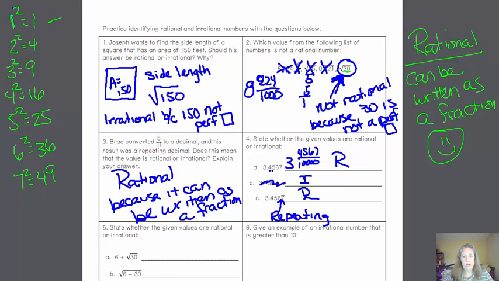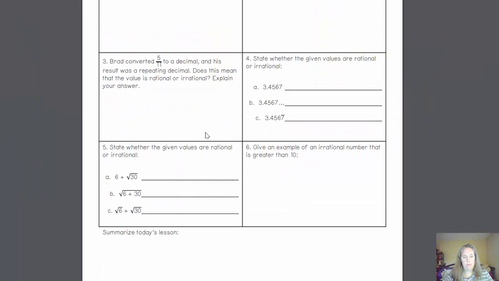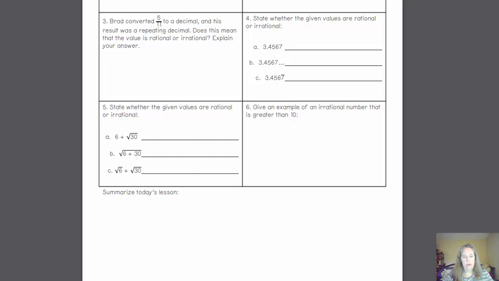Let's see, I'm gonna erase that and scroll up. State whether the given values are rational or irrational. So if we remember our perfect squares list, 5 squared is 25, 6 squared is 36. So square root of 30 is irrational.